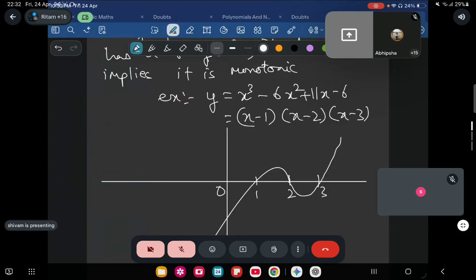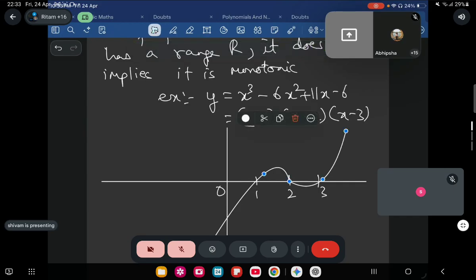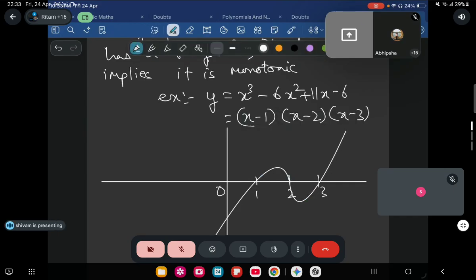This is the graph of y equal to x cube minus 6x square plus 11x minus 6.